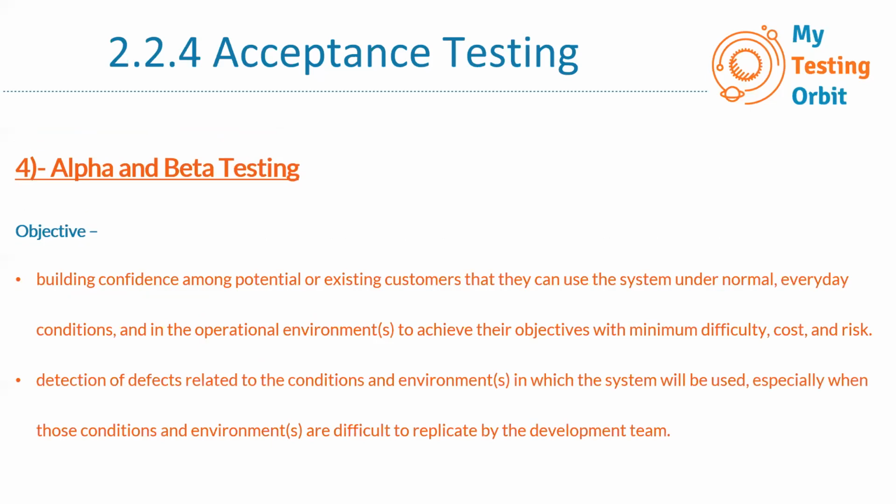So let's go through the objectives of alpha and beta testing. The first is building confidence among potential or existing customers that they can use the system under normal everyday conditions and in the operational environments to achieve their objectives with minimum difficulty, cost, and risk. So that's why we are doing alpha and beta testing.